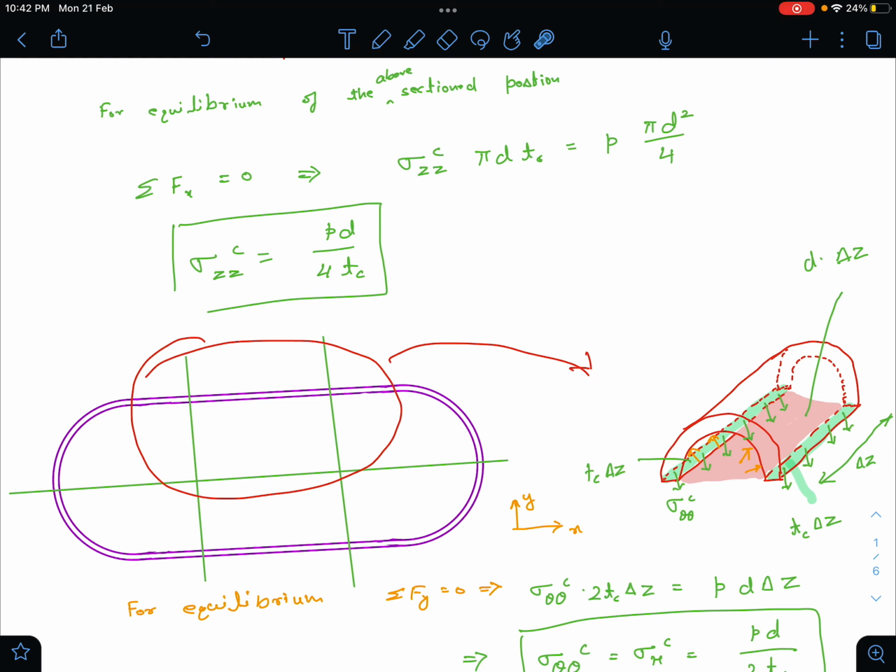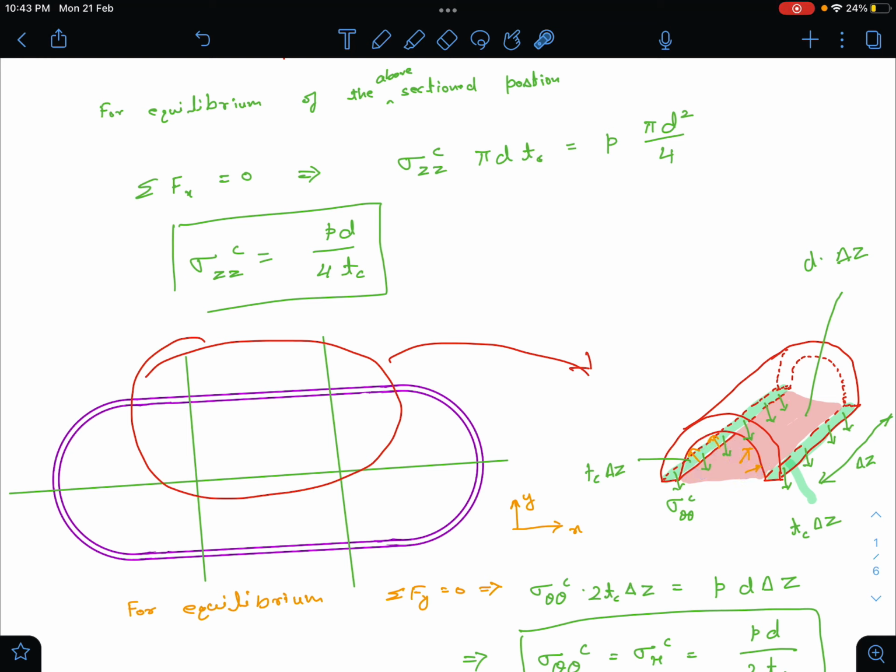Now as you see, on this surface and on this surface, sigma theta theta would be acting, and this area is Tc times delta Z. Similarly, this area is Tc times delta Z. On these two areas, sigma theta theta c is acting in the downward direction, while pressure is acting on each and every internal surface.